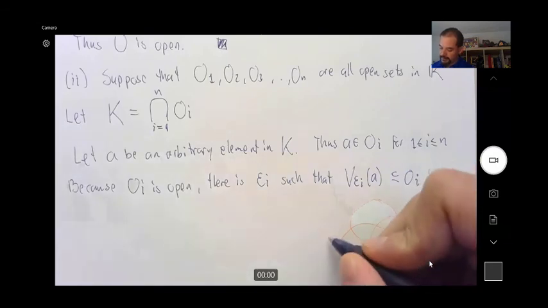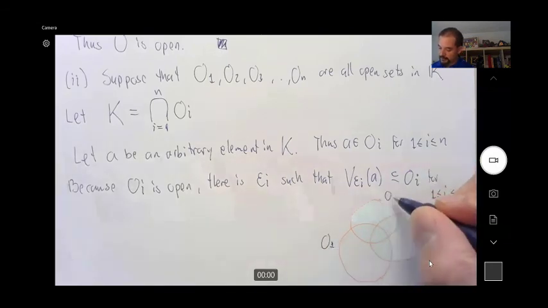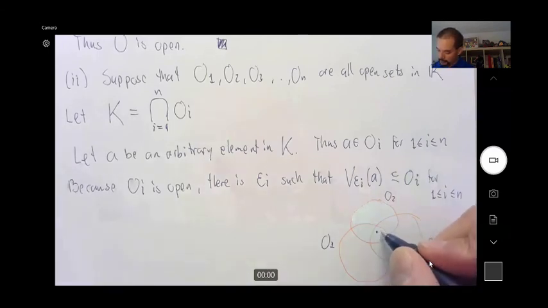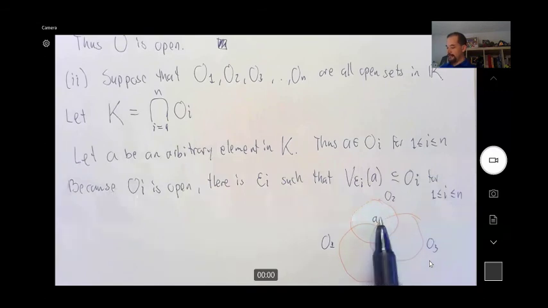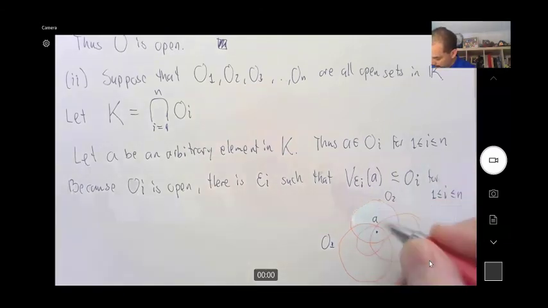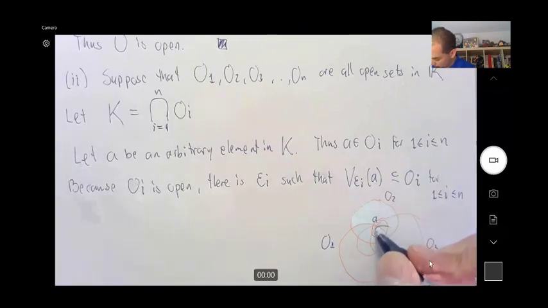I know that the sets are in 1 dimension, but this helps a little bit, right? And we have someone in the intersection, that's the A. And each one of these has its little neighborhood that works. So maybe the one that works for O_1 is this pink one, the one that works for O_2 is this red one, and the one that works for O_3 is this blue one.